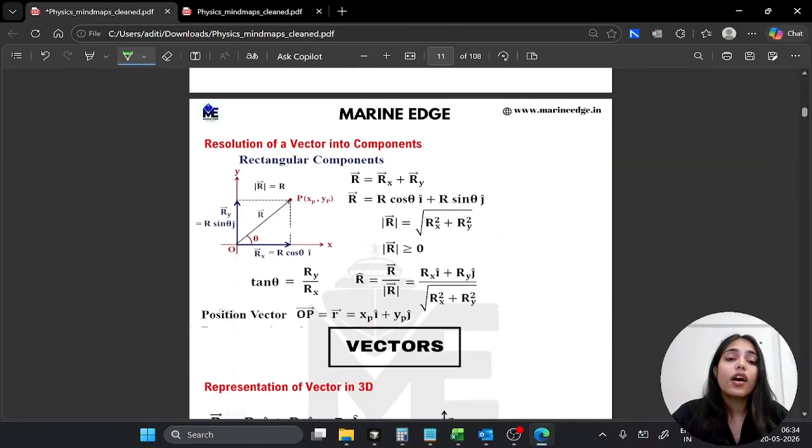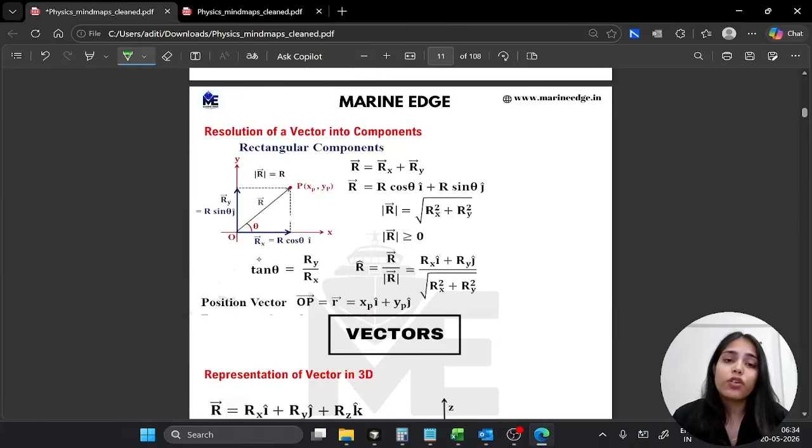Alright. One of the most important concepts when we talk about vectors is resolution of a vector. Whenever we have a vector R, it can be resolved into two parts, the horizontal component and the vertical component. The horizontal component is always marked as Rx and the vertical component is marked as Ry. Theta is the angle the vector makes with the x-axis.